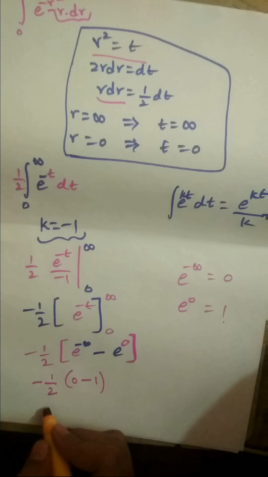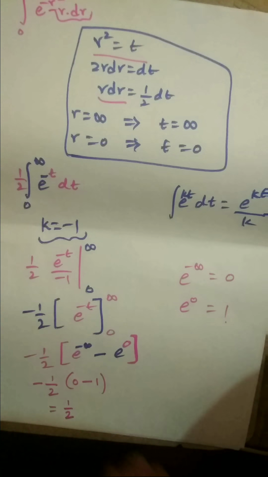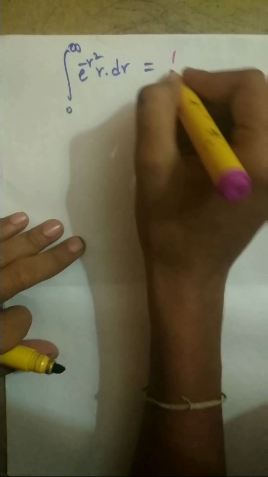This is minus into minus, plus 1 by 2. From this we have integral from 0 to infinity e power minus r square into r dr equal to 1 by 2.